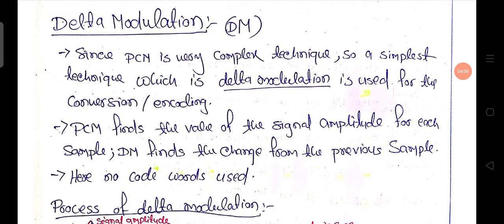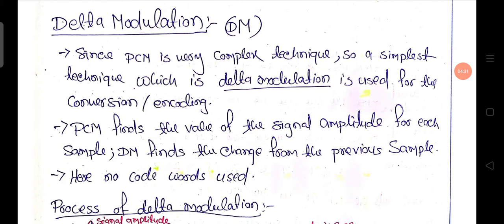To send that bit rate through the media, we need a high bandwidth channel, which is very expensive to get. So to overcome these problems, we use delta modulation.